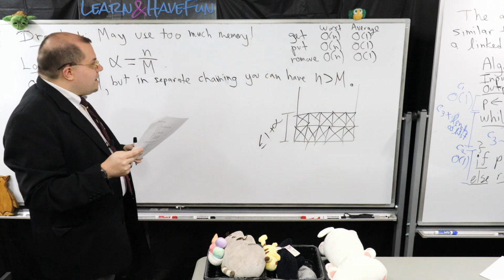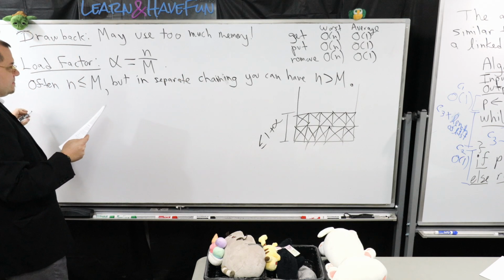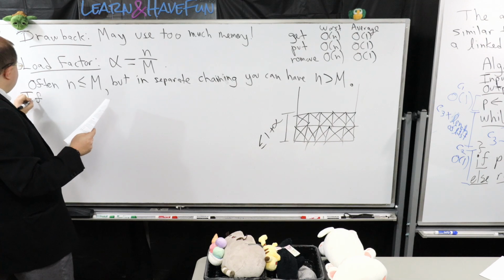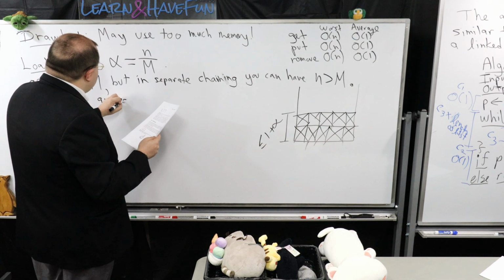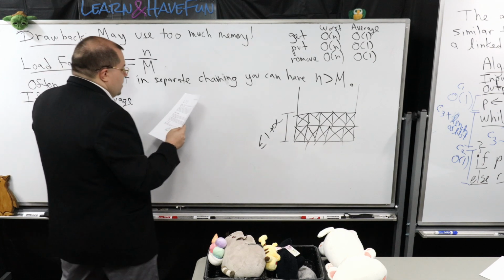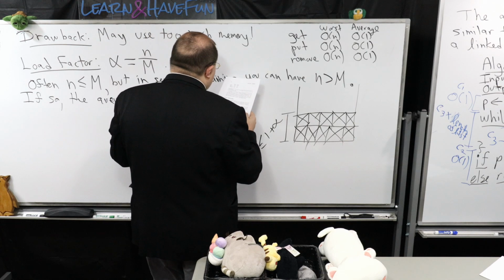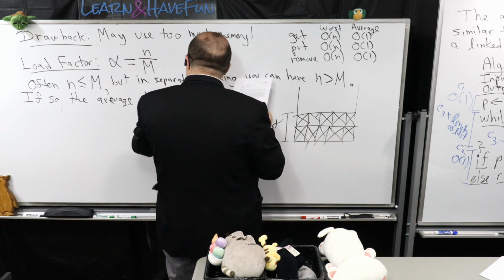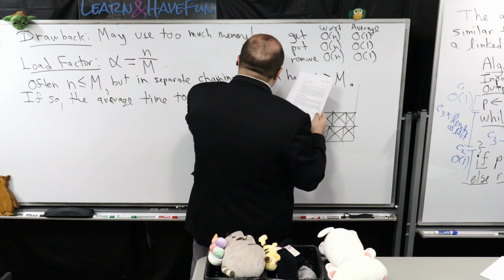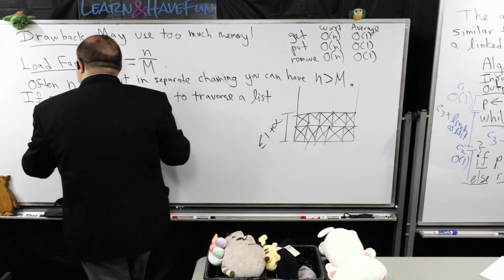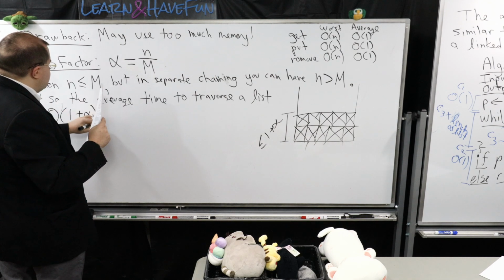So that means that in this case, the average time to traverse a list is big O of 1 plus alpha.